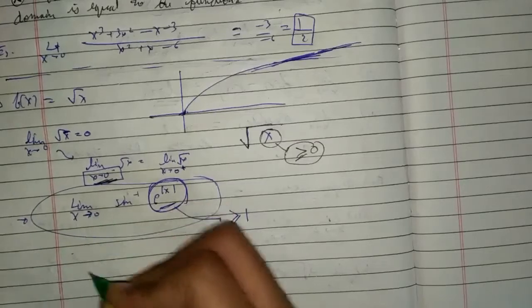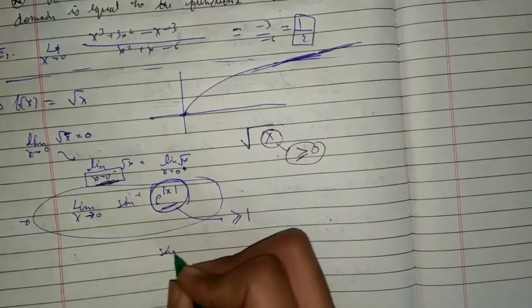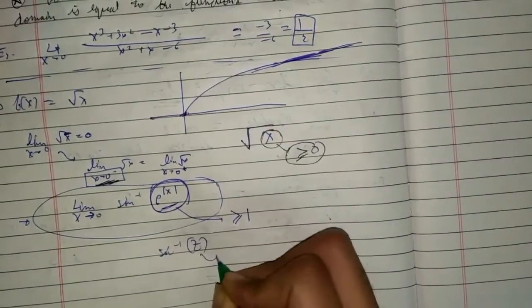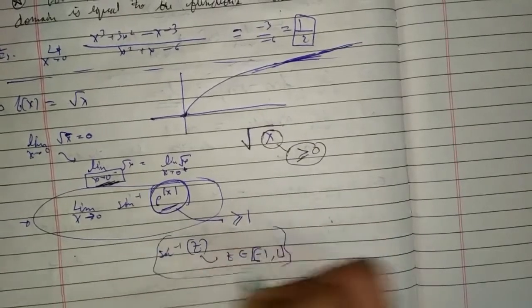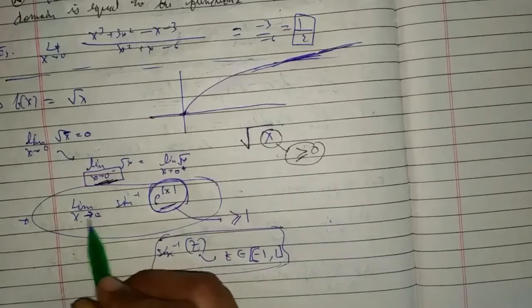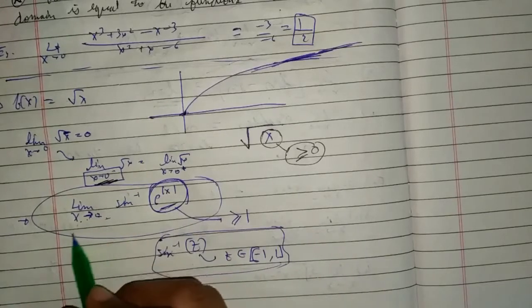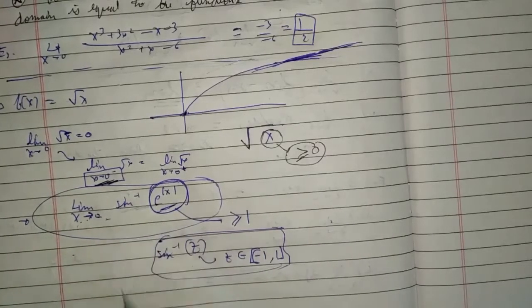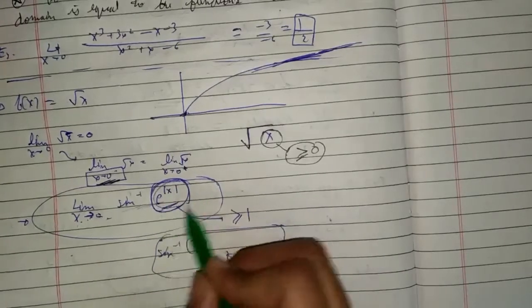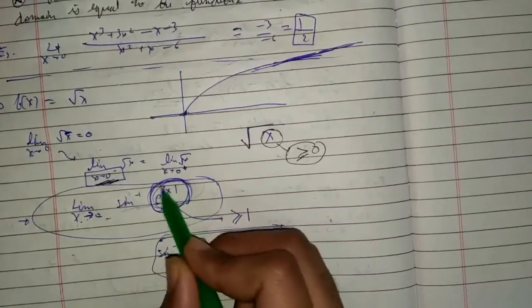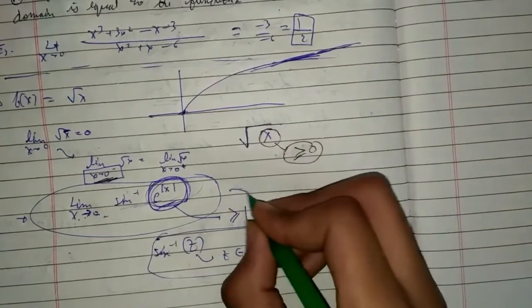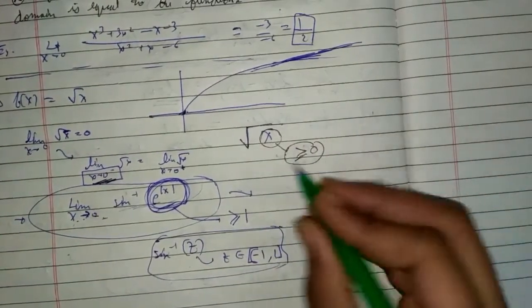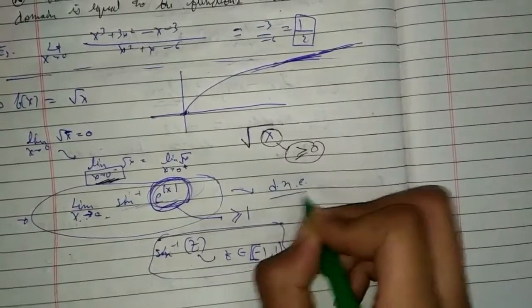But the domain of sine inverse t is t belonging from -1 closed to 1 closed, and in the neighborhood of x equal to 0, that is x equal to 0 plus and x equal to 0 minus, the inner value inside the sine inverse is always greater than 1, that is, it is not in the domain. So there is no question of what the limit should be, as the limit does not exist.